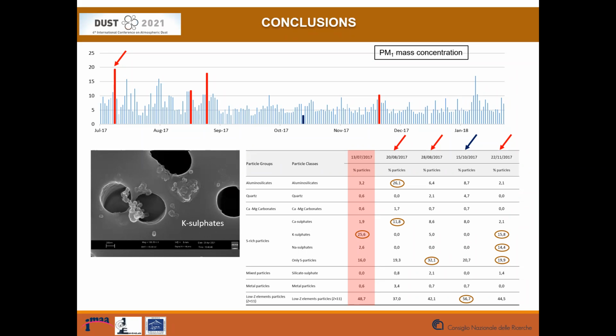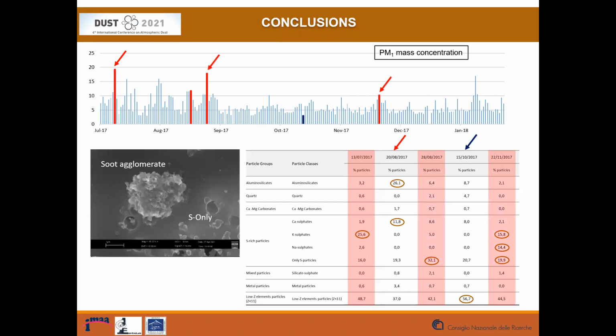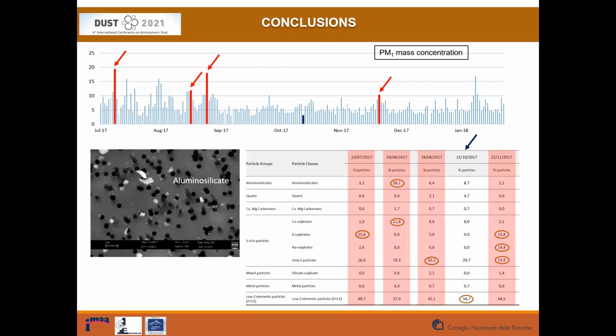Regarding the other samples with higher mass concentration, August 28 and November 22 are characterized by the presence of sulfur-rich particles and agglomerate soot, suggesting an industrial source, while for August 20, a high percentage of aluminosilicate and gypsum particles indicates a Saharan dust contribution to the PM1.